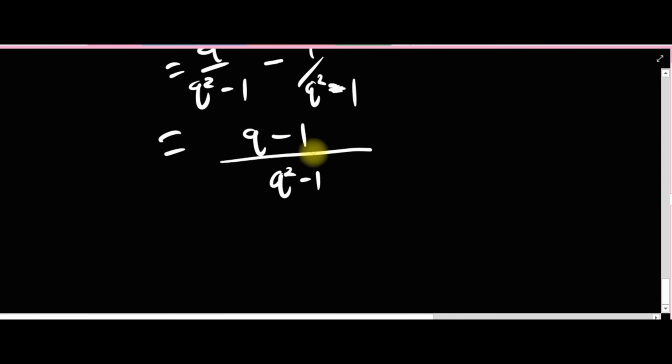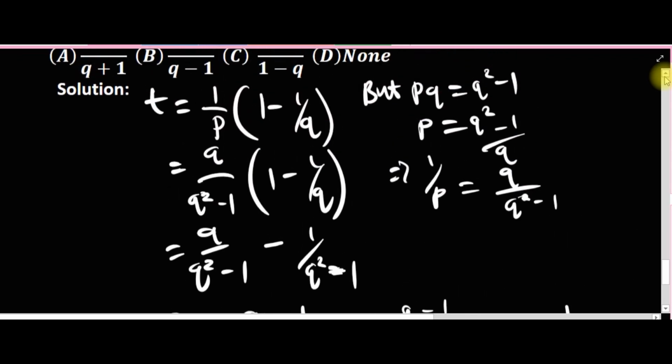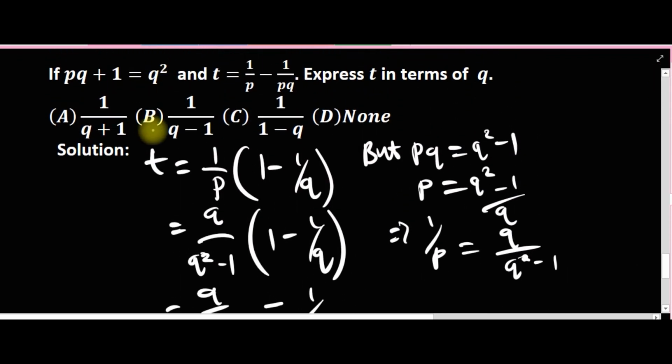We have q minus 1. As you can see, the denominator is a difference of two squares, so we can write this as q minus 1 times q plus 1. So this is gone, and we have 1 over q plus 1. That's the answer. Our answer is A.